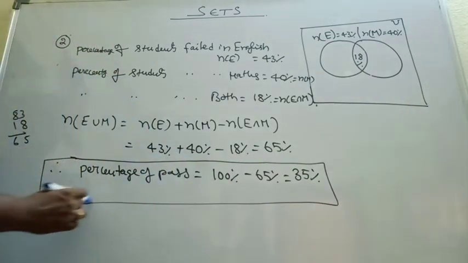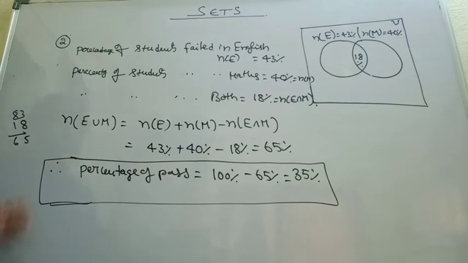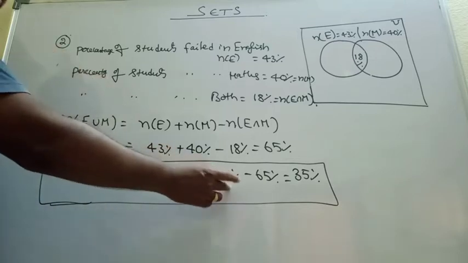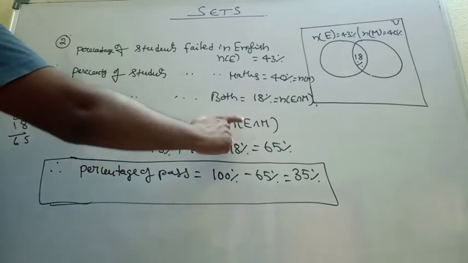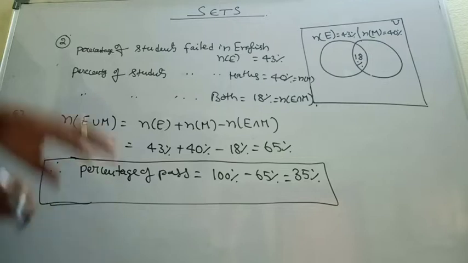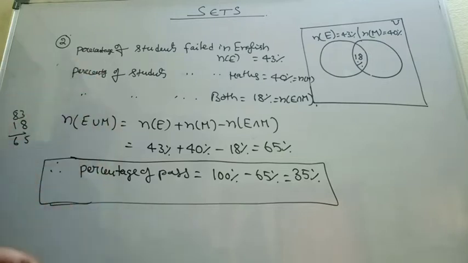This is the answer we are going to get. In such a beautiful way, we get this particular problem. Right, my dear students, percentage of pass is 100% minus 65%, that equals 35%, our pass percentage. See how beautifully this problem was done, because the total percentage of students is always 100%. From that, the failure percentage is 65. 100 minus 65, 35. If you remove the failed students from the total, you are going to get pass students, right?